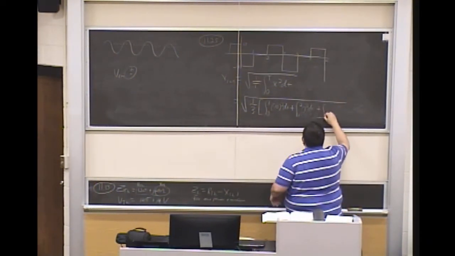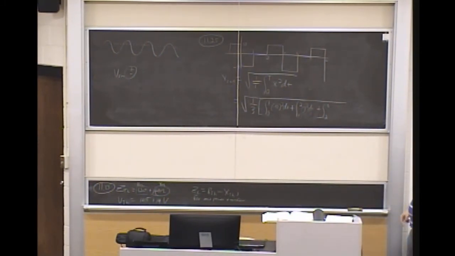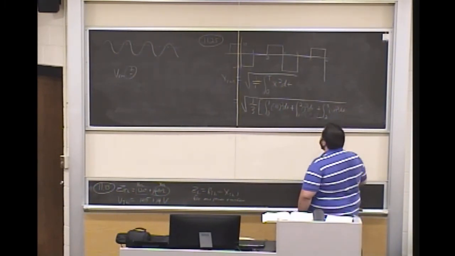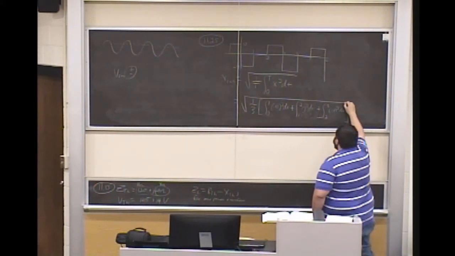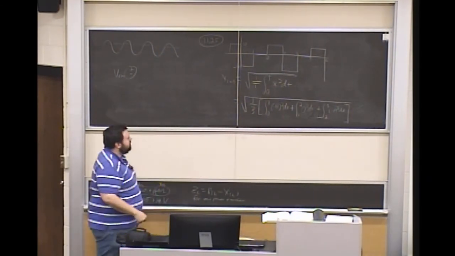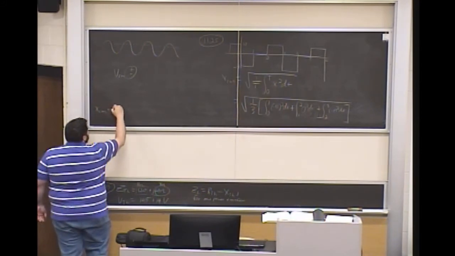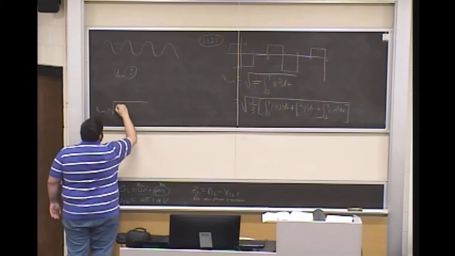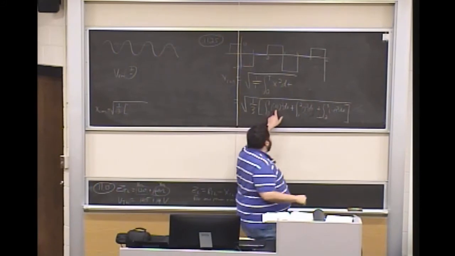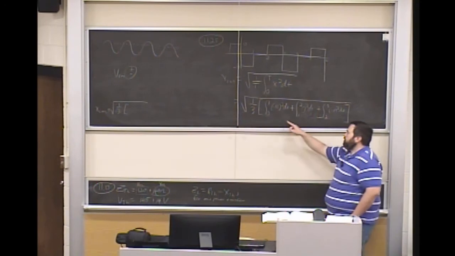Plus integral from 2 to 3. What am I from 2 to 3? 10, squared dt. All right, so now I'm just going to finish this up over here, if that's all right. I'm going to say x RMS is equal to square root of 1/3 times, what is the integral of this going to be? 100.